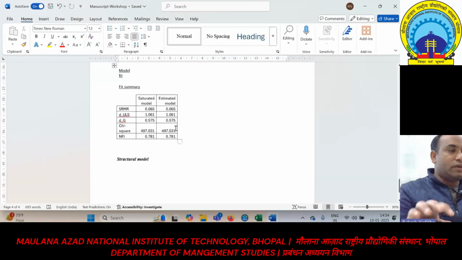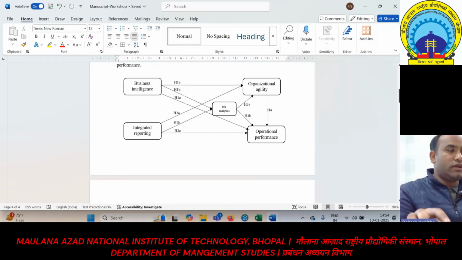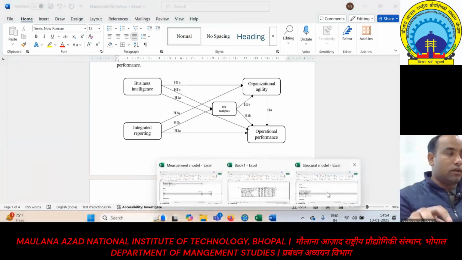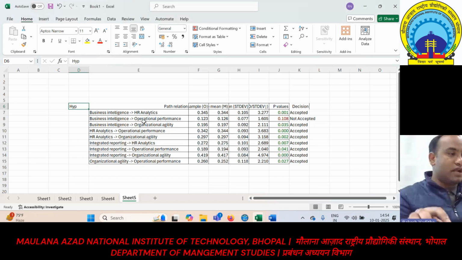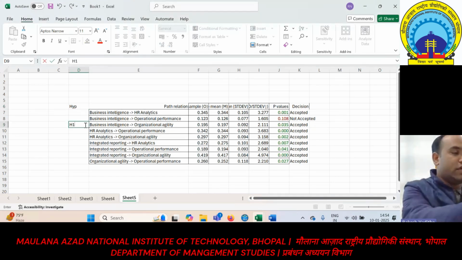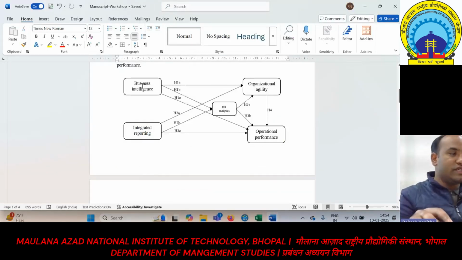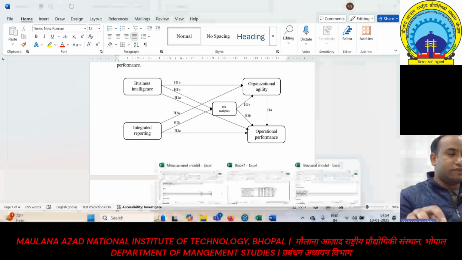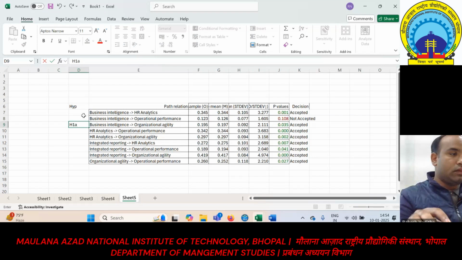Here from the manuscript, from this structural model, you can observe the H1A relation is business intelligence to organizational agility. That is H1A, what I have proposed. H1B is business intelligence to HR analytics.